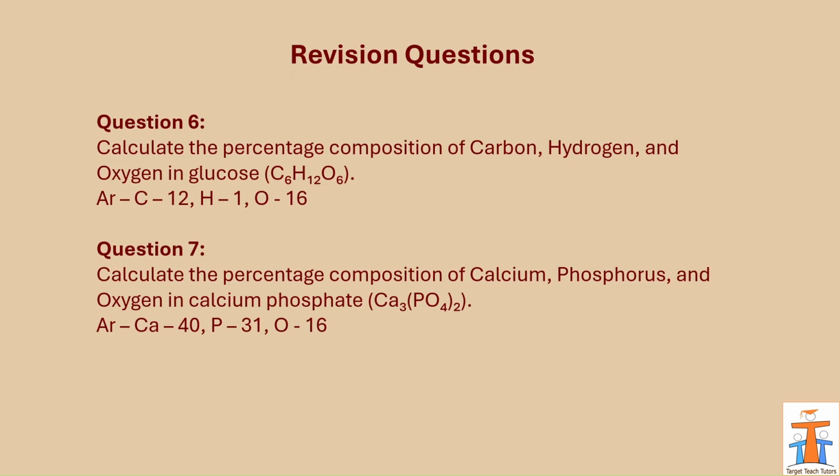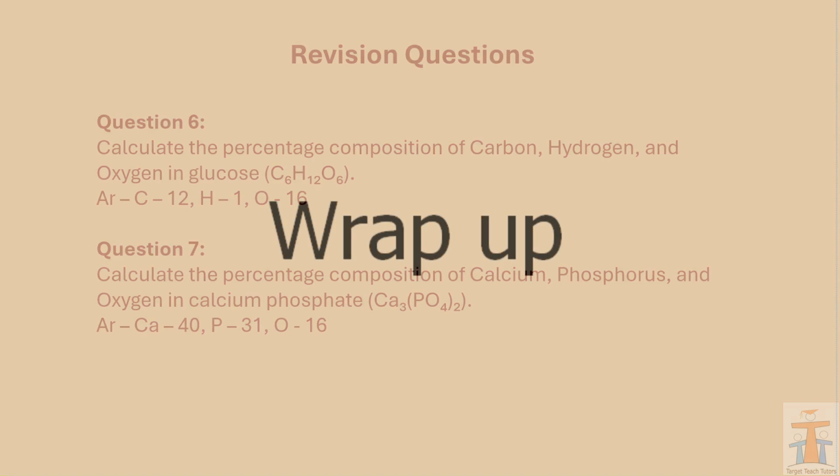Question 6. Calculate the percentage composition of carbon, hydrogen and oxygen in glucose, C6H12O6. Relative atomic mass for carbon is 12, hydrogen is 1, oxygen is 16. Question 7. Calculate the percentage composition of calcium, phosphorus and oxygen in calcium phosphate, Ca3(PO4)2. Relative atomic mass for calcium is 40, phosphorus 31, oxygen is 16.